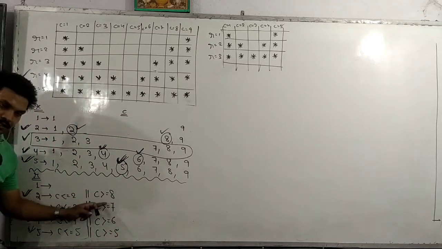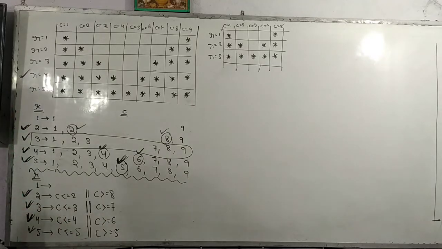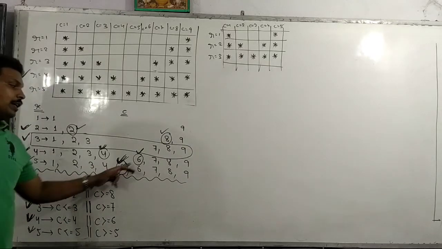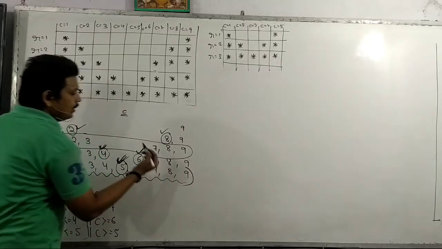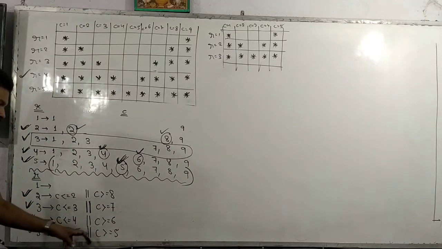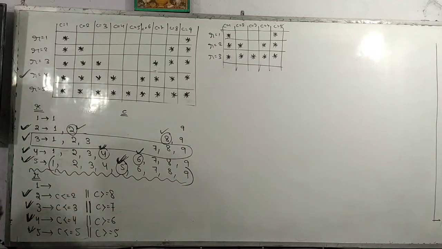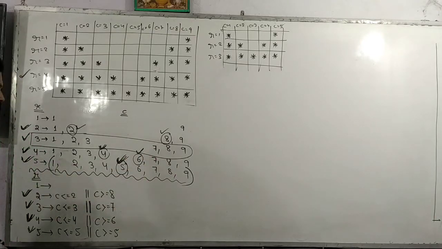After 8, 7, then 6, then after 6 it should be 5. Right? So less than equal to 5, greater than equal to 5, it means complete from 1 to 9, the condition is satisfied. If the value of C is starting from 1 and ending at 9, and this is the condition, C is less than equal to 5 or C is greater than equal to 5, it covers all the values of C.